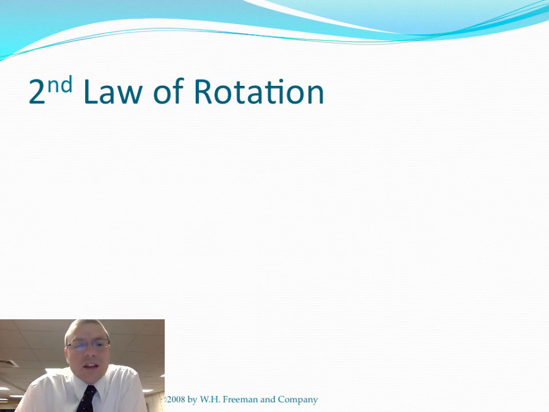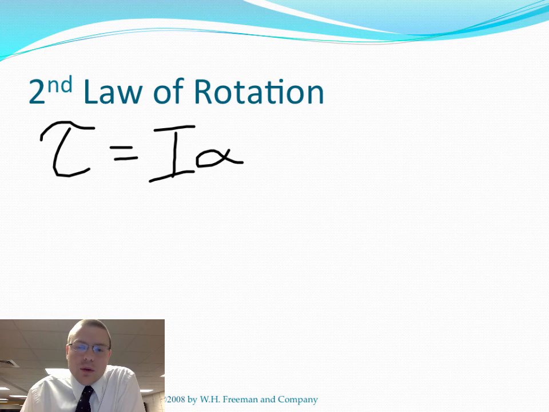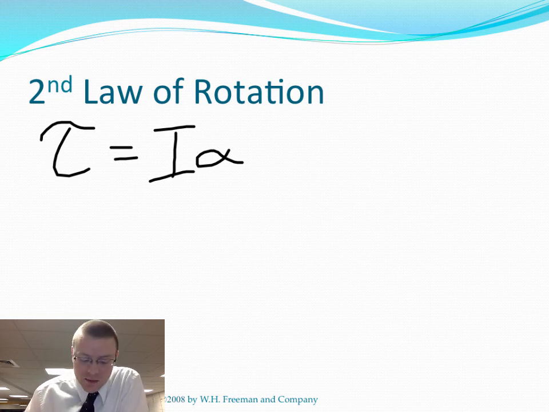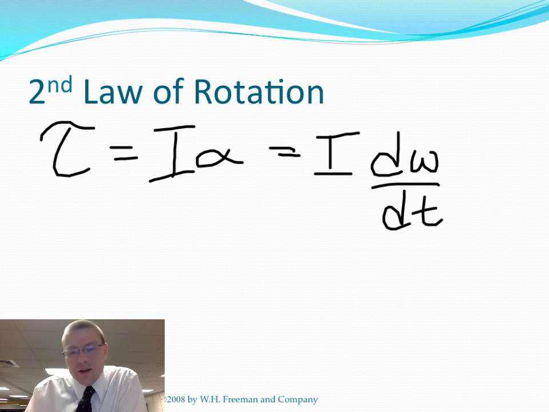So that brings us to the second law for rotation now, and we're going to look at it in terms of angular momentum this time. Torque equals I alpha, and just like F equals ma, that's not the way Newton wrote it. Newton wrote that force equals mass times the change in velocity over time, so we can do the same thing here. It's going to be your moment of inertia multiplied by the change in angular velocity with time.